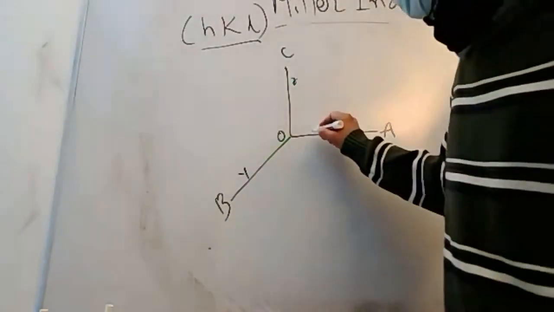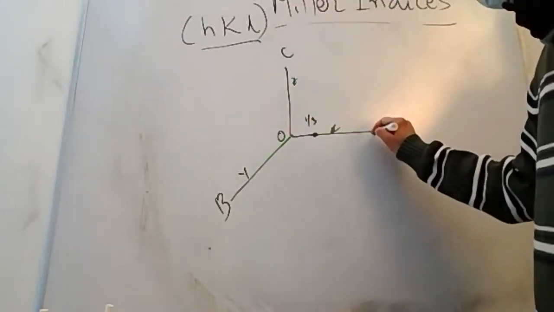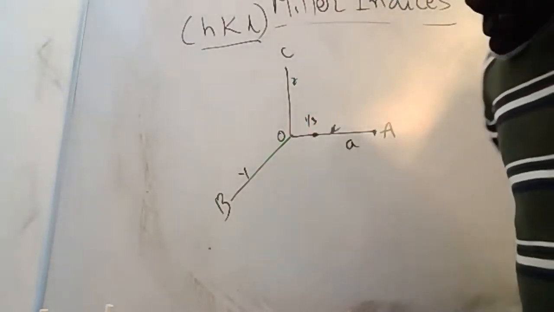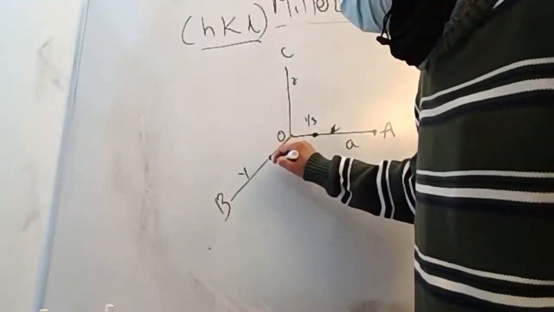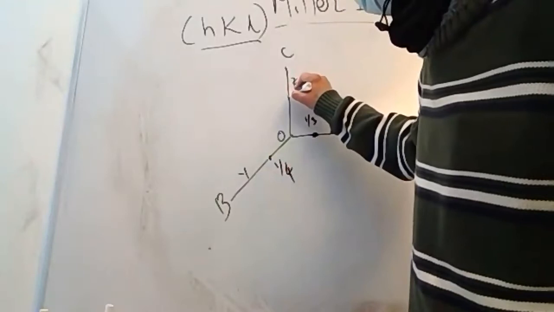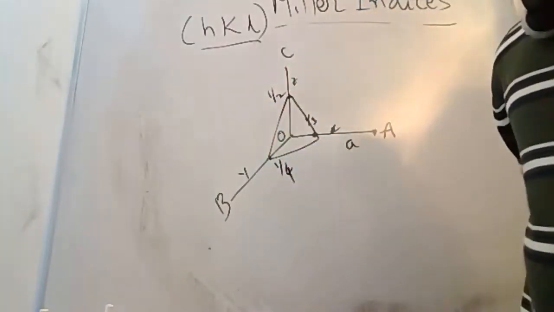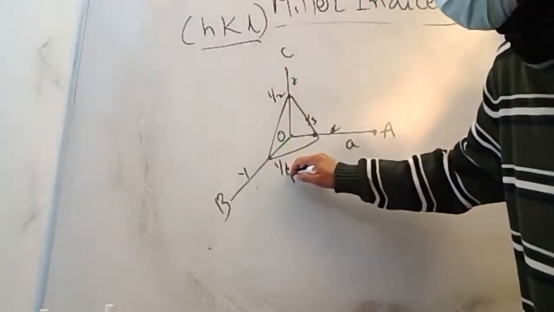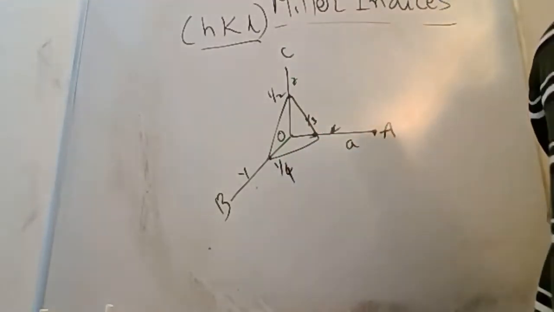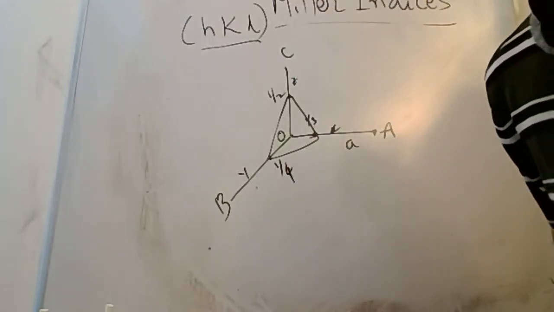Okay, let's imagine a point which is 1/3. That is, if this total length is A, this point is 1/3 of that fraction. And let's imagine one more at 1/4 and the other one at 1/2. So if I were to draw a plane that intersects the z-axis at 1/2, y-axis at 1/4, and 1/3 along the x-axis, what will be its HKL indices?